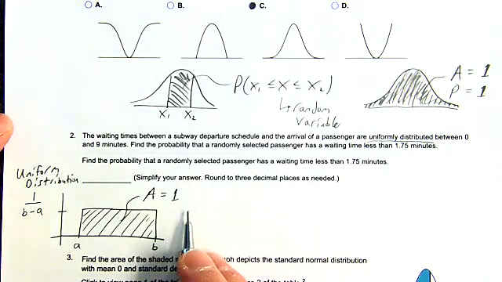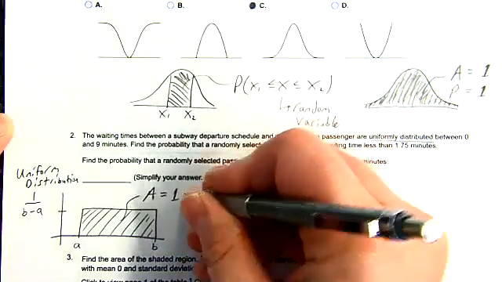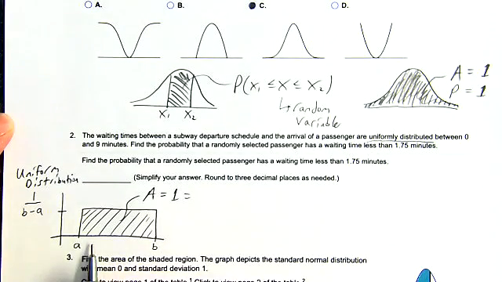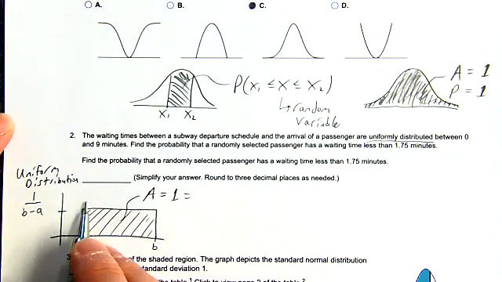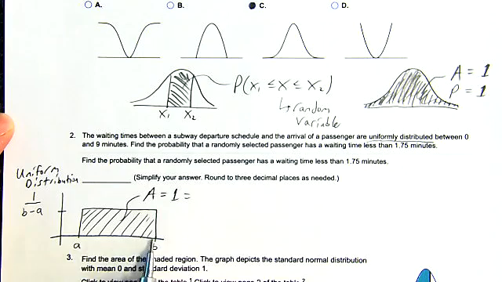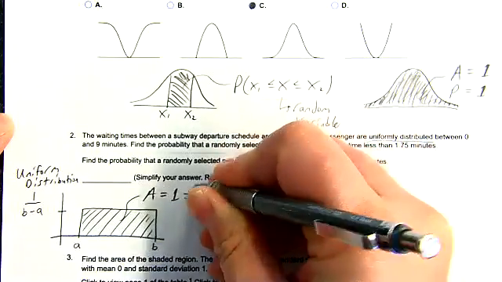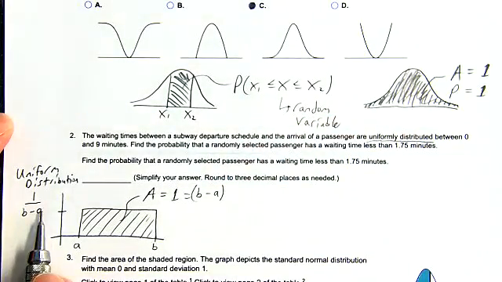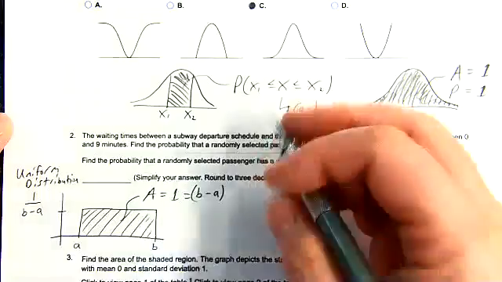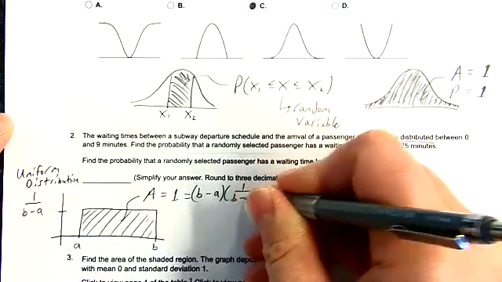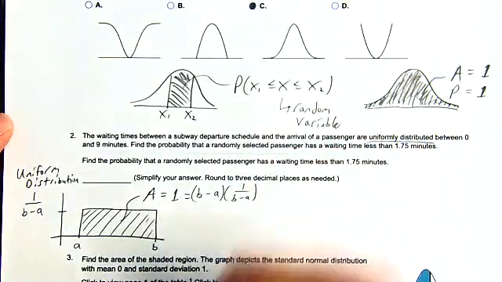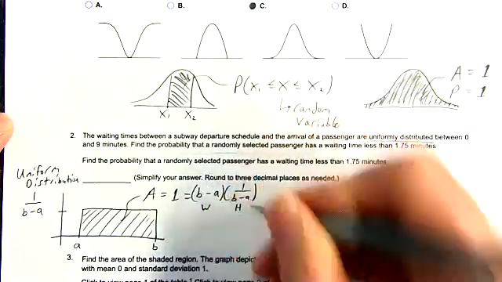Now let's prove that this area equals 1. Well, the area of a rectangle is just its width times its height. The width here would be B minus A. And the height is given to be 1 over B minus A. So this is the width, this is the height.